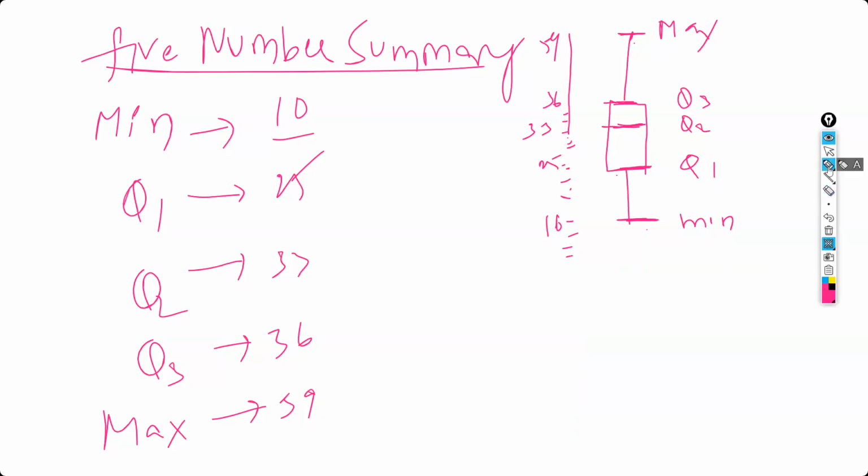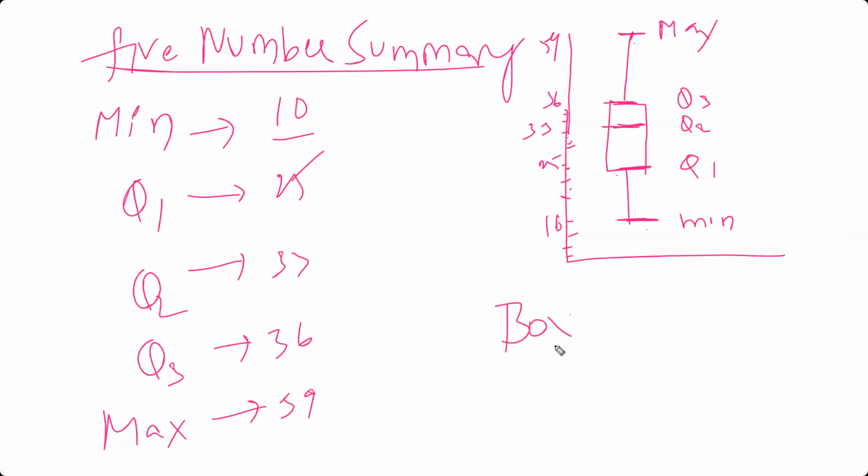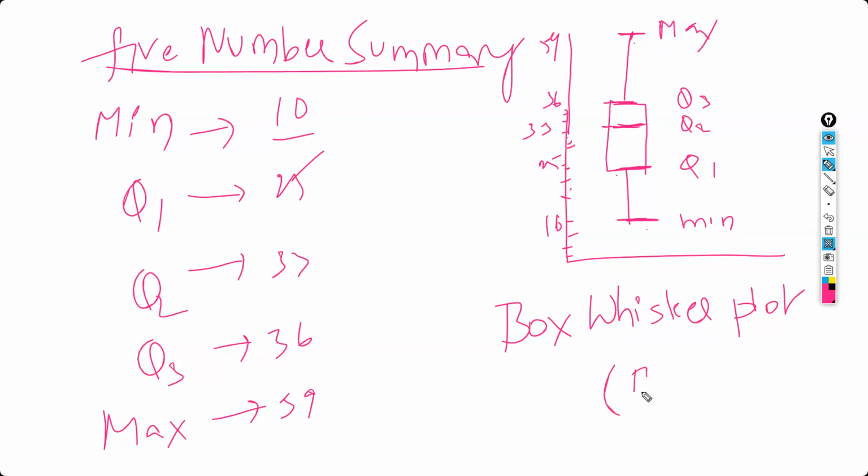Here you are not going to get negative values, the down part will not be available. In short, it is called a box plot. So a box plot is a representation of 5 numbers.